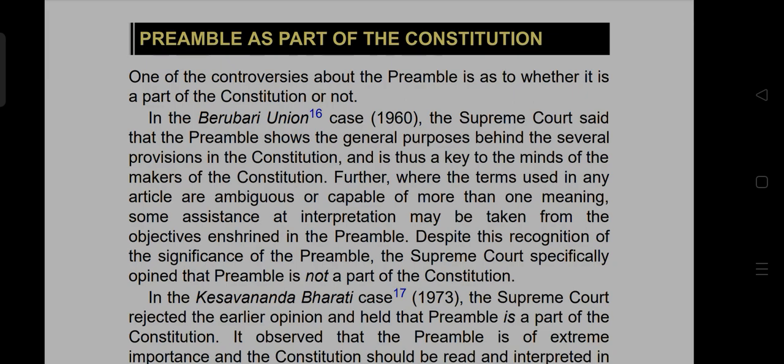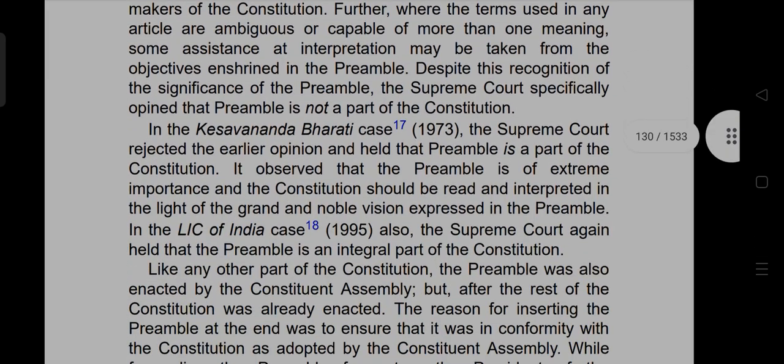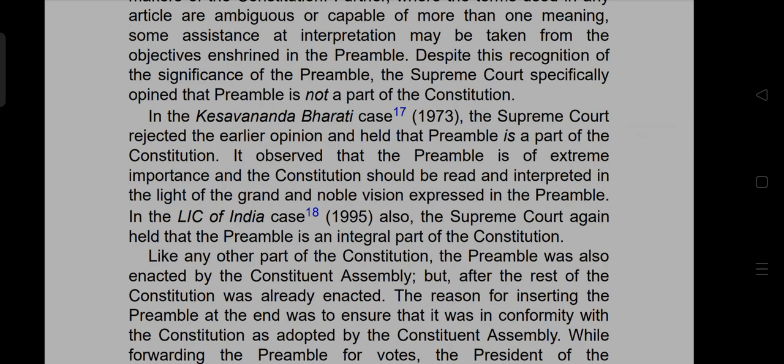Despite this recognition of the objectives enshrined in the preamble, and the significance of the preamble, the Supreme Court specifically opined that the preamble is not part of the Constitution. In the Kesavananda Bharati case, 1973, the Supreme Court rejected the earlier opinion and held the preamble as a part of the Constitution.